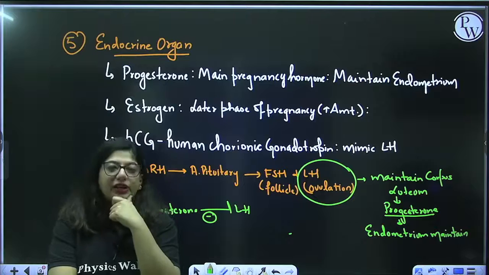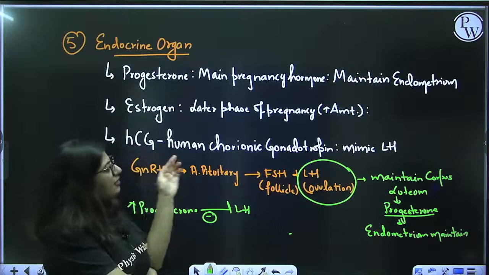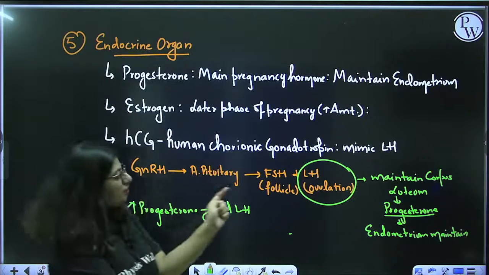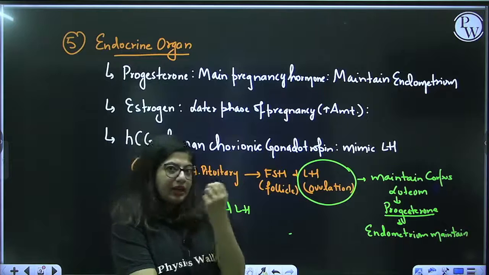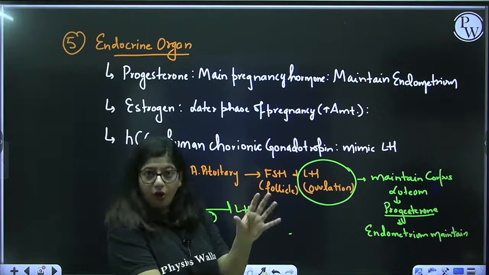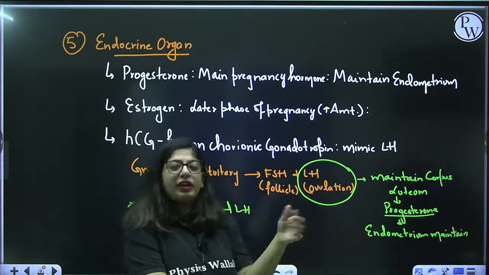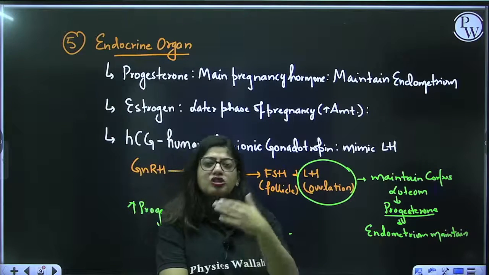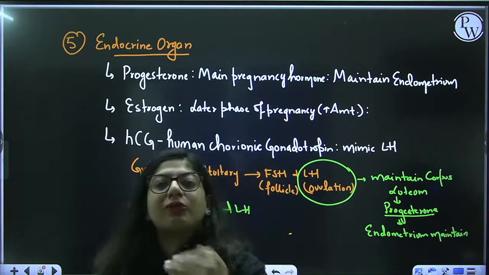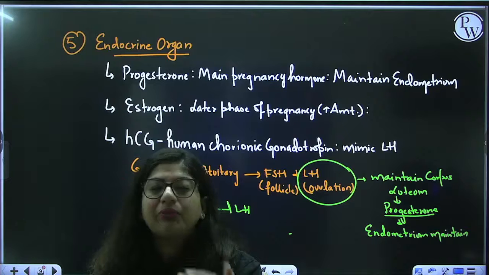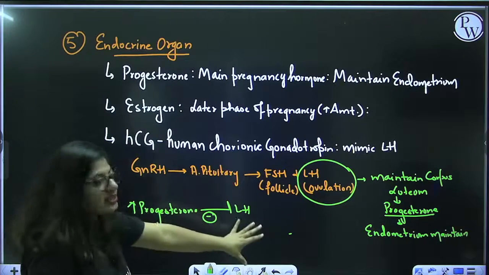So for that, what nature does is, as soon as implantation occurs, the placenta will secrete HCG, which will mimic LH. Now LH is gone. When LH is gone, HCG will come and rescue the corpus luteum. And it will keep on telling, I am like LH, I will help you. So HCG will keep on maintaining the corpus luteum so that progesterone is formed and the endometrium is maintained. You got my point?